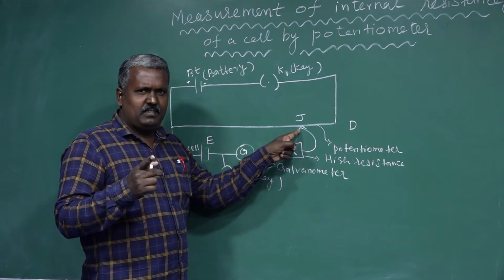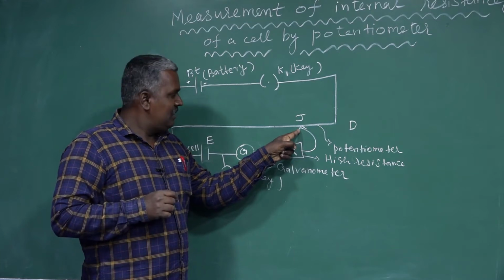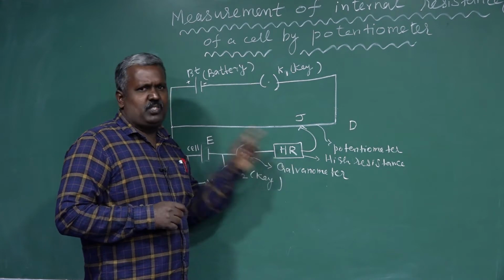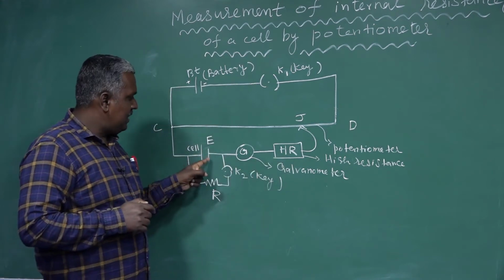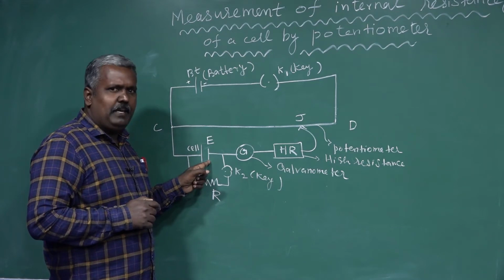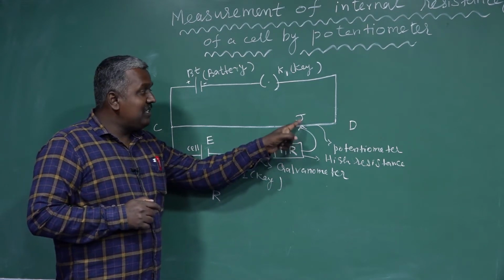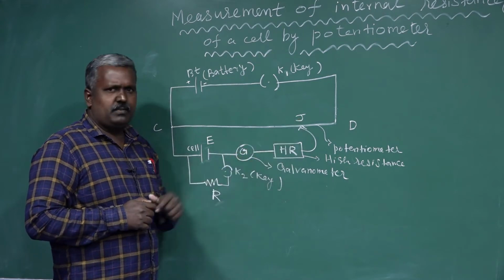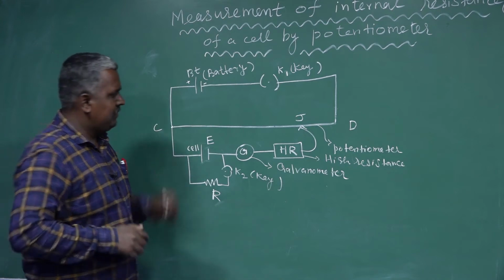I am correct or not? Jockey, through the galvanometer and high resistance. The negative terminal of the cell of EMF E is connected with the jockey J through the galvanometer and high resistance. Okay? Then.